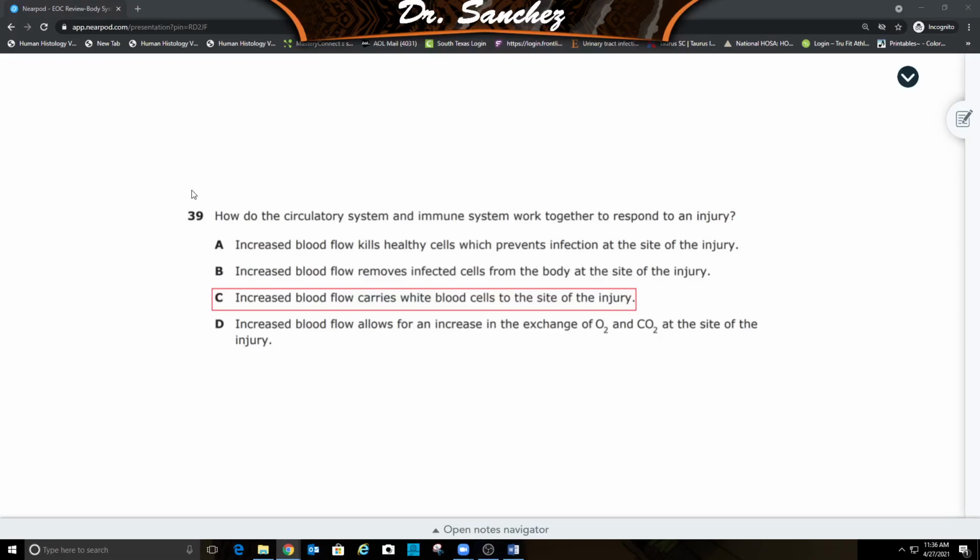No, it's going to feed my healthy cells more because they need them. Yeah, but that's a whole different story. That's something else. But increased blood flow does not hurt a healthy cell. It does not kill the healthy cell. It's just going to transport more things. It's going to be circling through there, right? When you go run. So it would not be A, for the person who put A.